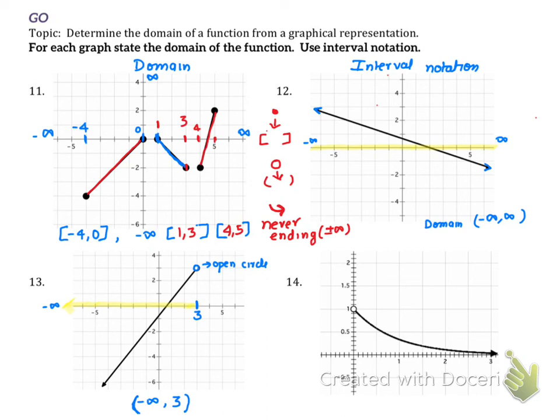Let's look at the very last problem of this lesson. In this graph, I see it has a starting point with an open circle, and that corresponds to the origin, that's 0. When I look at the other end, it's not stopping, it keeps on going.